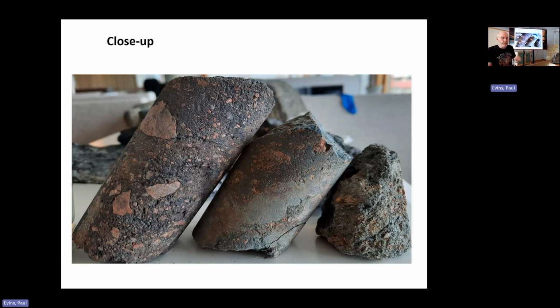What do weakness zones look like close up? Well, they start off with a breccia here, which can look like this, with quite a bit of a chlorite infill or more fine-grained matrix, let's say. That then might get reactivated, and you get a chlorite seam down the middle here.